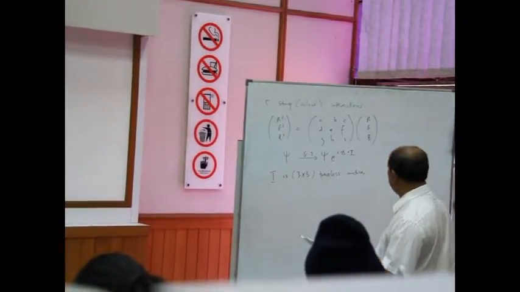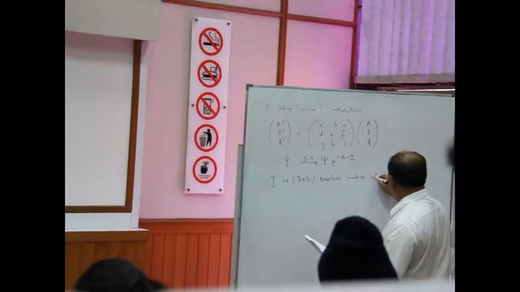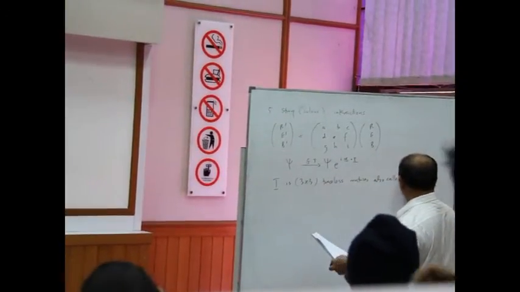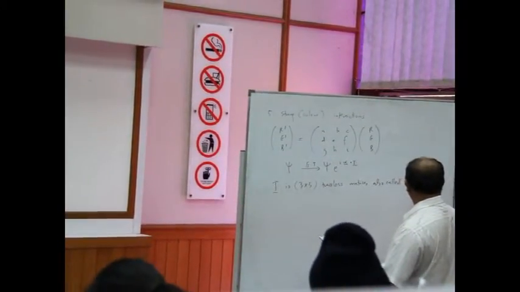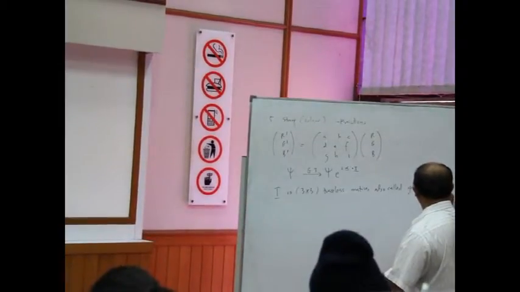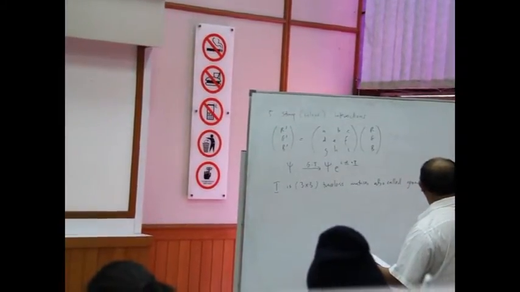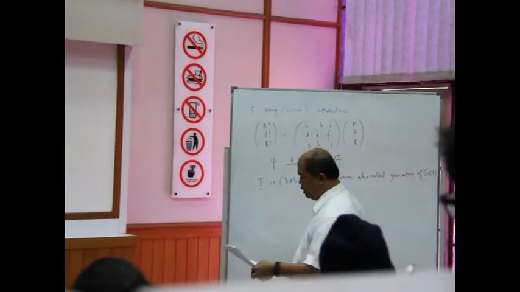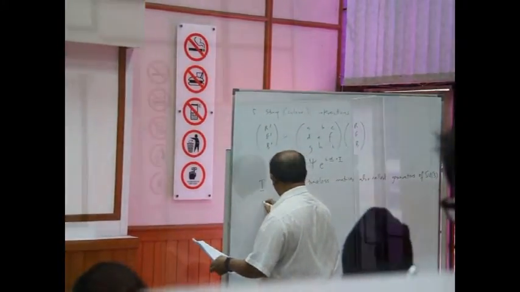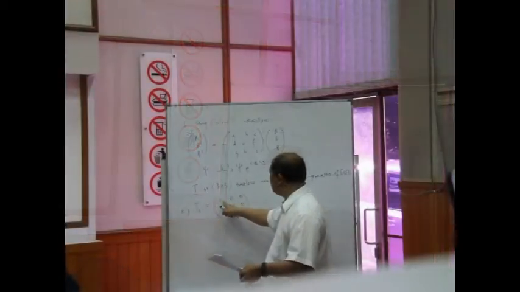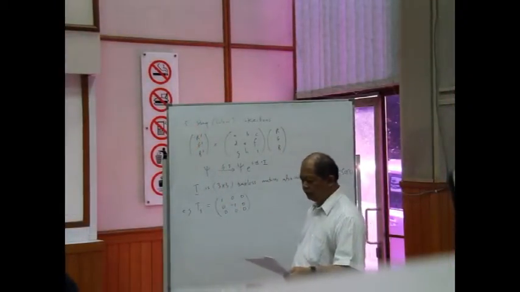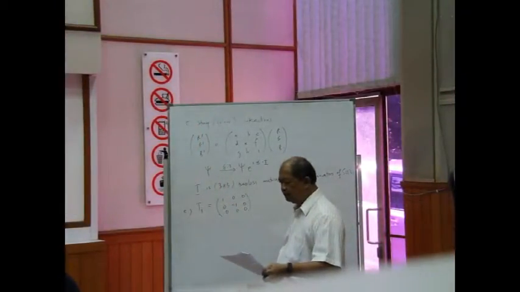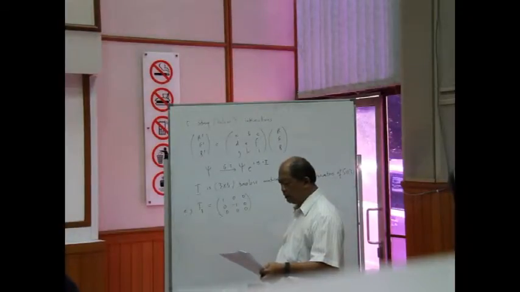Also called the generators of SU(3). Generators, but there are many. For example, if you take the diagonal, it becomes 0. So 1 and minus 1 plus 0.